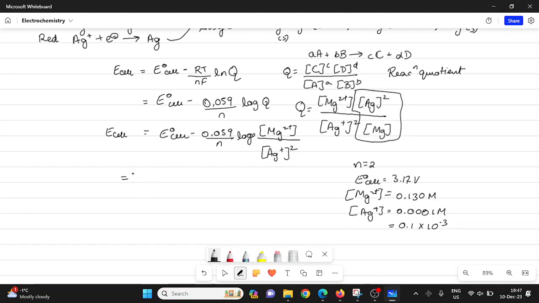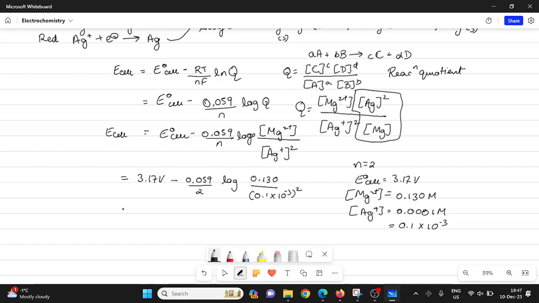And I like showing you all the steps. So you have 3.17 minus 0.059 divided by 2 log of the concentration of Mg2 plus, 0.130, divided by 0.1 into 10 to the power minus 3 whole square.